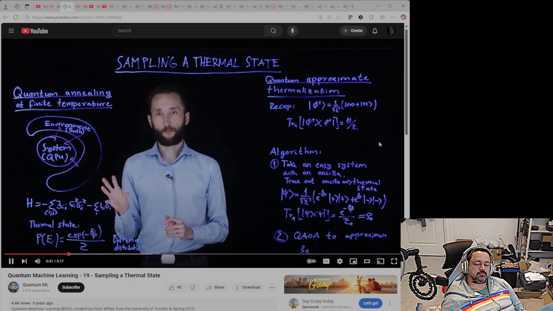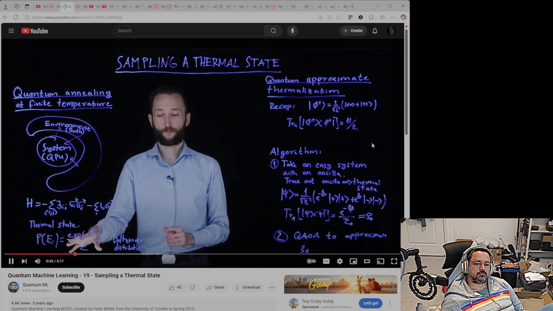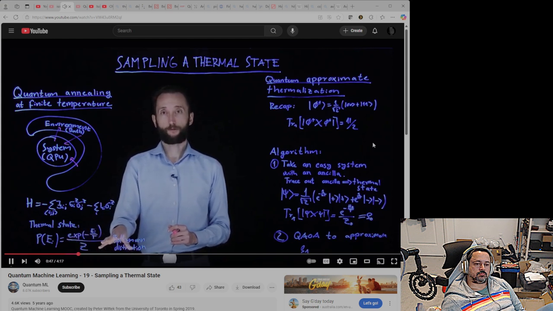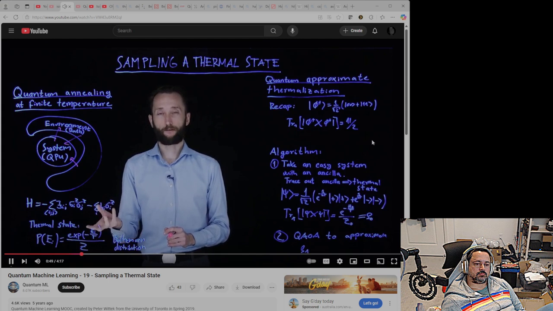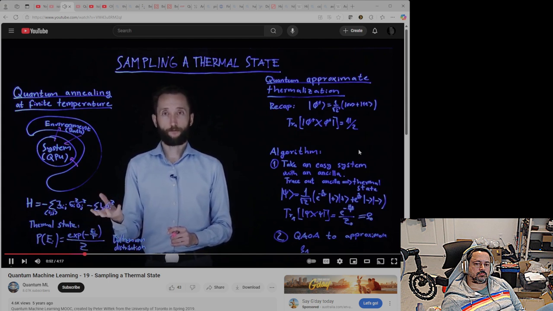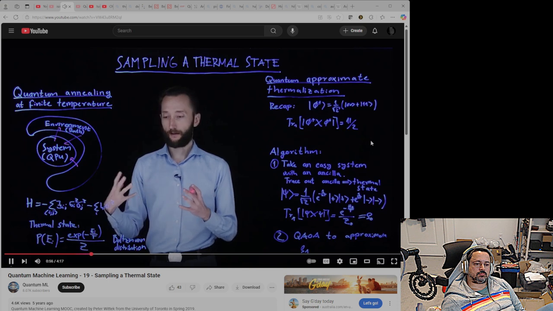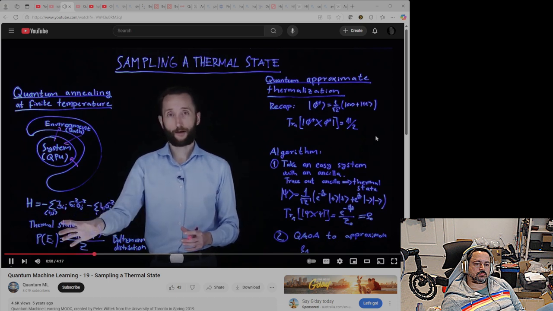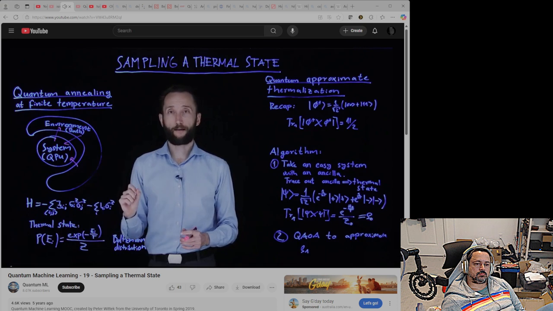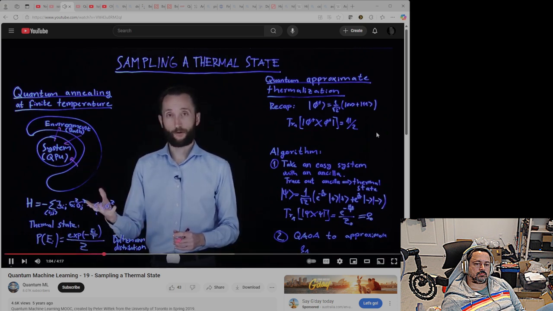And if we pull out samples from this thermal state, they follow a specific distribution. They follow a Boltzmann distribution. So this is critical because every time you face the problem of pulling out samples of a Boltzmann distribution in machine learning, you can just plug in this idea of annealing to sample the thermal state.